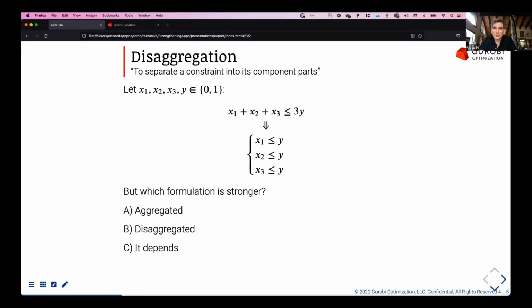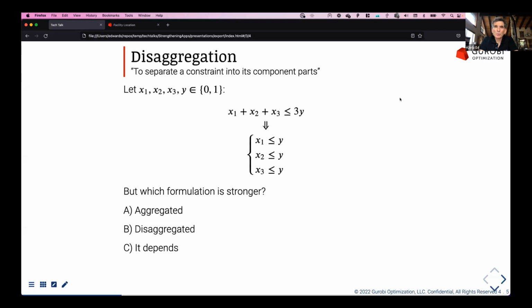So I agree with Steve. I would choose B as well. I think I would actually view it the opposite direction: when you combine the 3 constraints on the receiving end of the arrow, when you combine constraints like that, you admit new solutions, so the aggregated form is therefore weaker because it admits solutions in the relaxation that the disaggregated form does not.